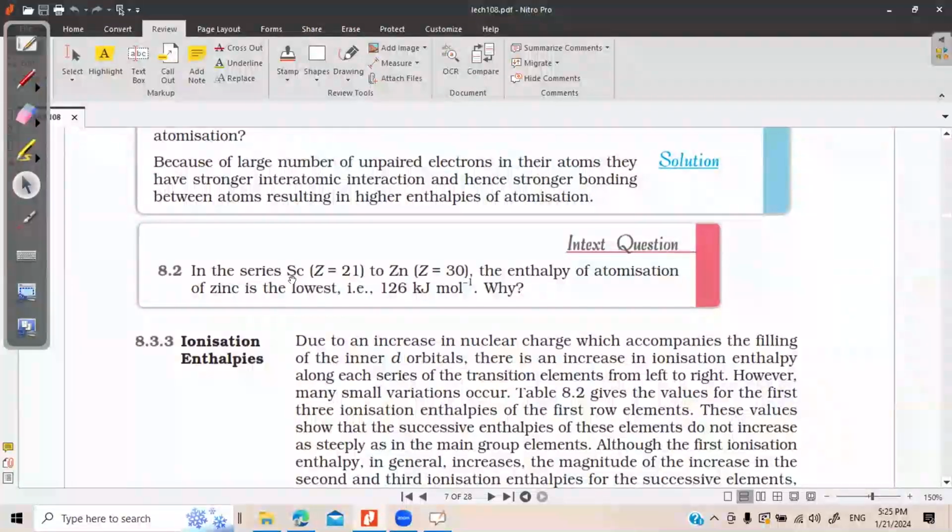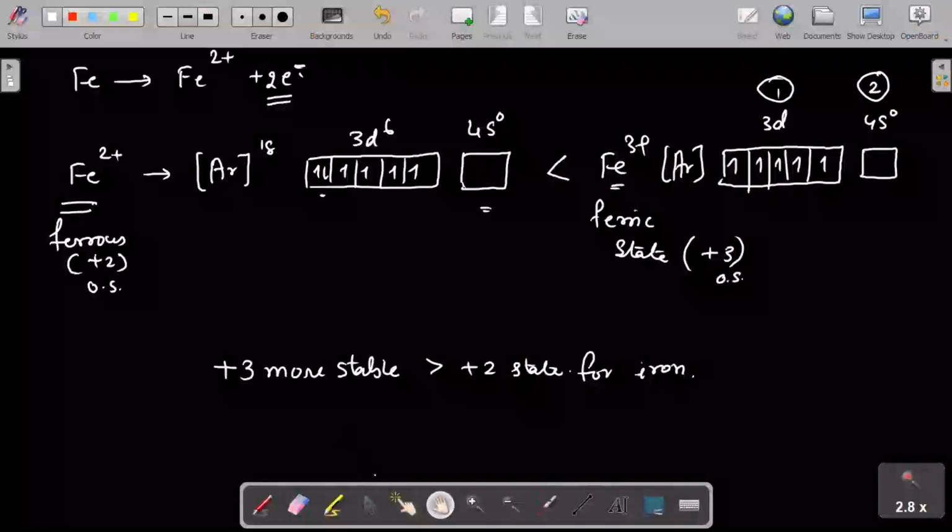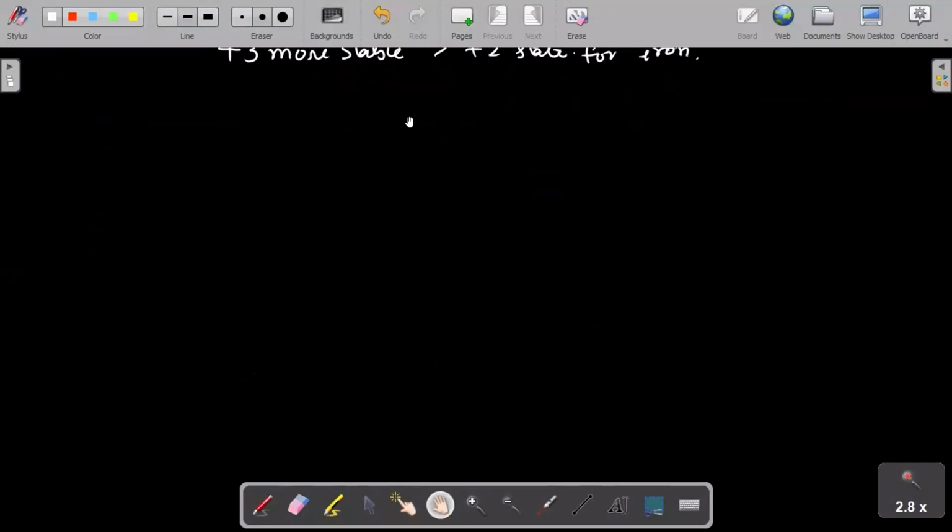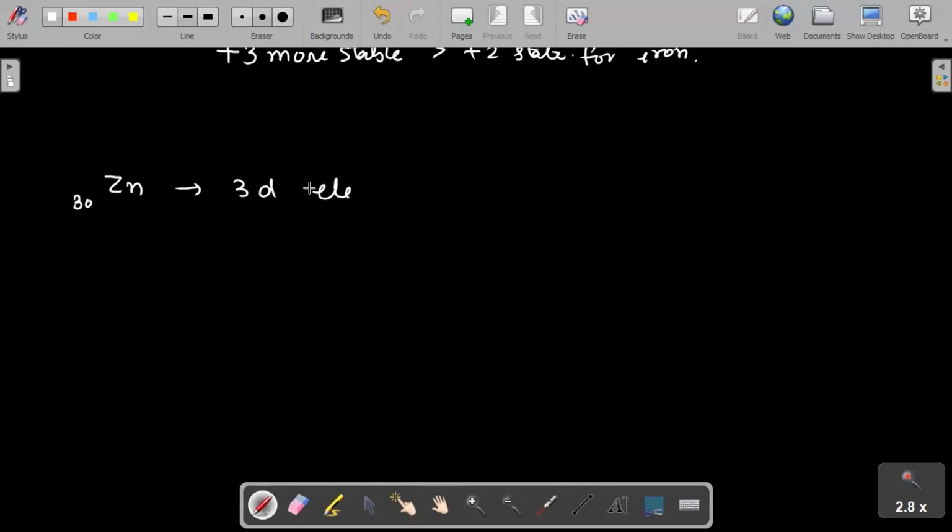Now, in the first series, zinc is an exceptional case. What is exceptional about zinc? Zinc, with atomic number 30, is a 3d element. But we do not call zinc a transition element.